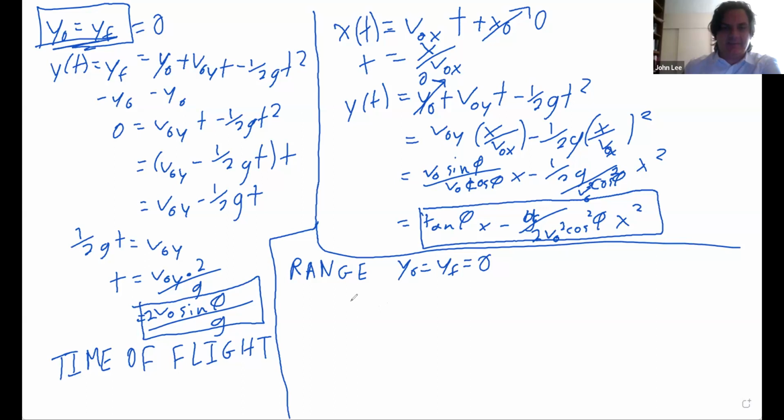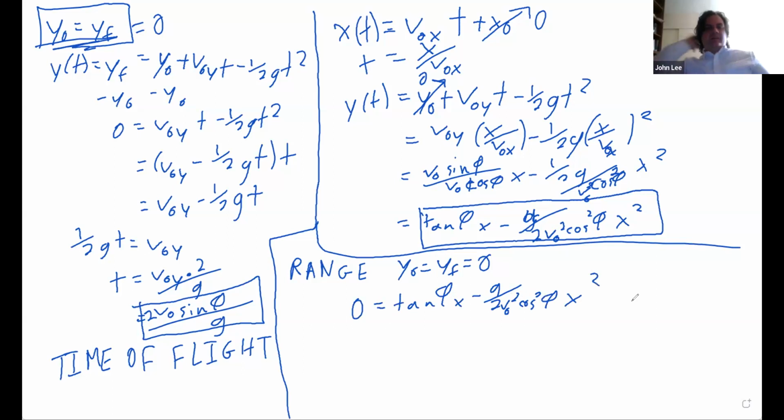And if we do this, then we get 0 equals tangent phi x minus g over 2 v naught squared cosine squared phi x squared.